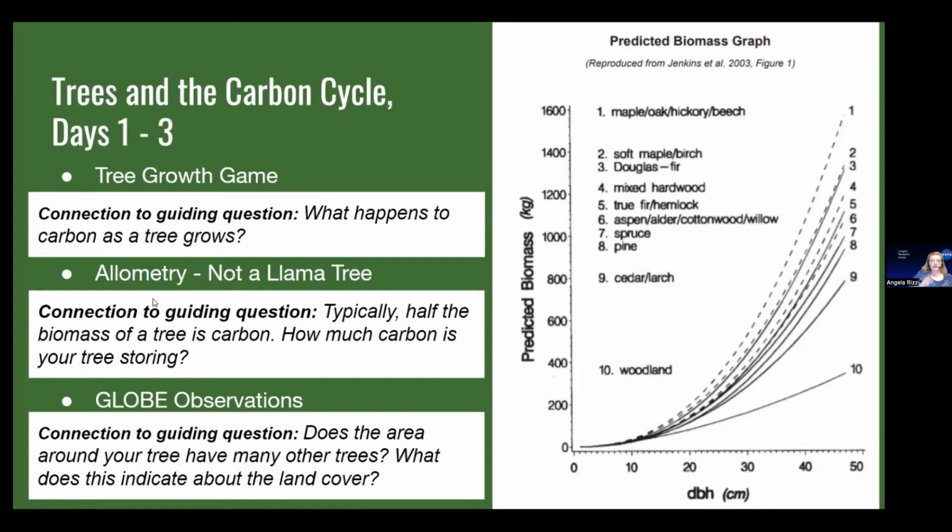And this activity has pages of categorization so that you can figure out which of these 10 categories the tree likely is in. Then based on this graph, you can figure out the predicted biomass, and half of that predicted biomass would be carbon.